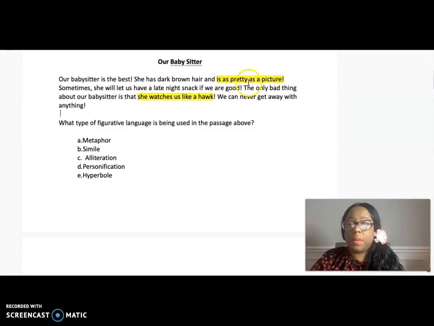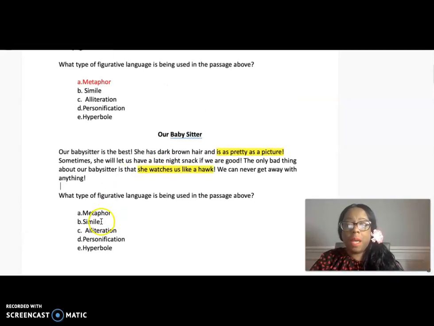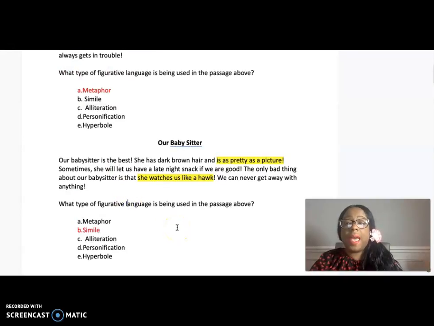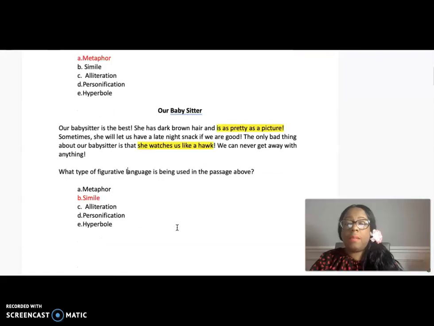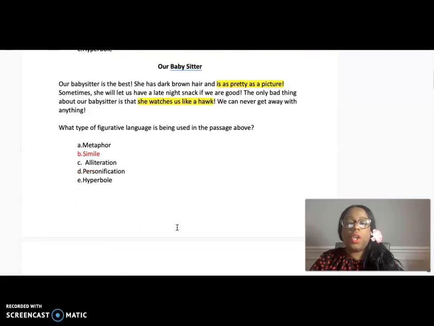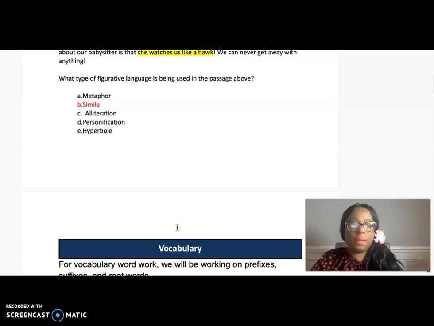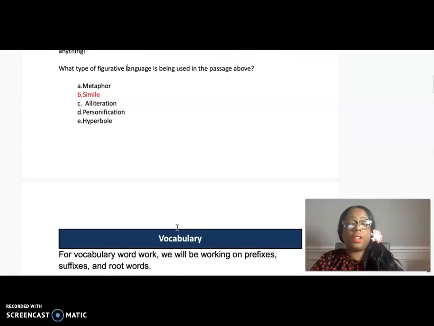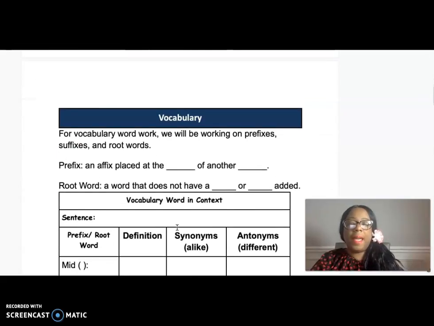Is as pretty as a picture. I hear as. She watches us like a hawk. I hear like. So it has to be a simile because we're hearing the words like and we're hearing the words as. So if you chose A for number one and B for the second passage, you are on the right track to being a champion at figurative language. Flip the page.